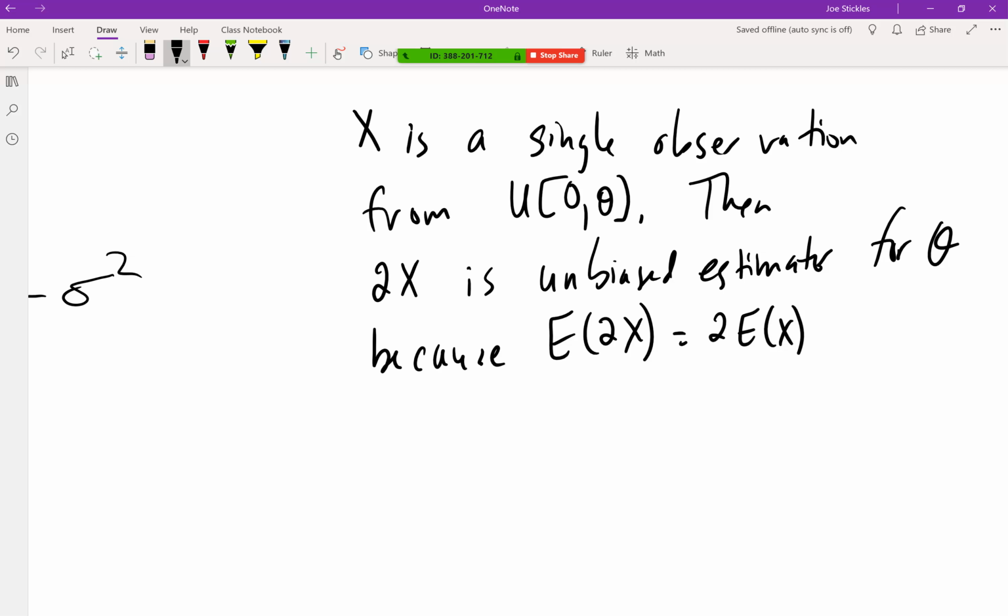So we might as well treat x as uniform on 0 to theta, which means its expected value is theta over 2. It's halfway in between, and we really do get theta. So that's why our 2x is an unbiased estimator for theta.